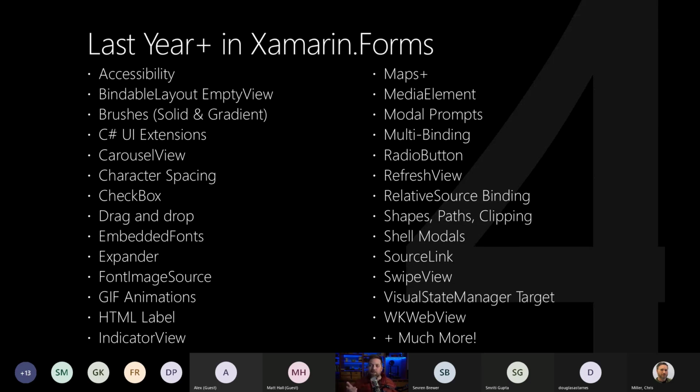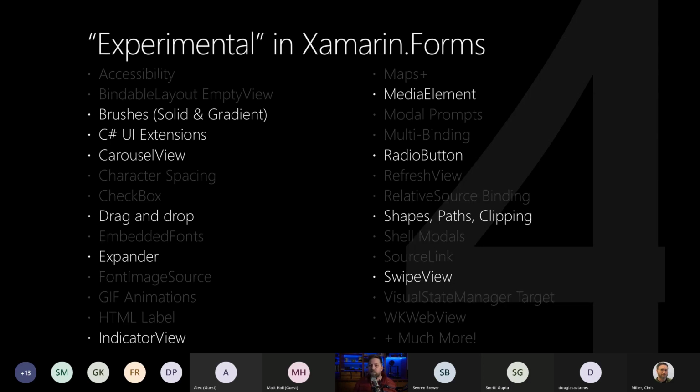So a lot of stuff in here, and really this is all driven by either a community contribution, where somebody seeded a PR and then we shepherded that and brought it into the toolkit, or these were things that customers, developers just like you, specifically asked for and said you really needed to be part of the toolkit. So all these things were added, but several of them were introduced in the experimental category.